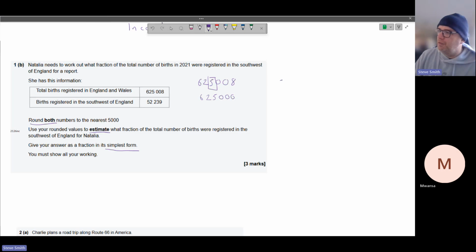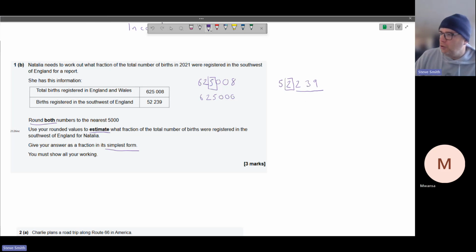This one, 52,239. So we're looking at this number here. Is it going to go to 50,000 or is it going to go to 55,000? If we look at this number here, 239, it's going to go downwards, isn't it?